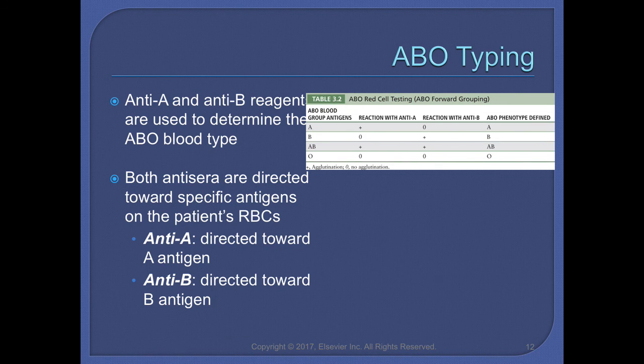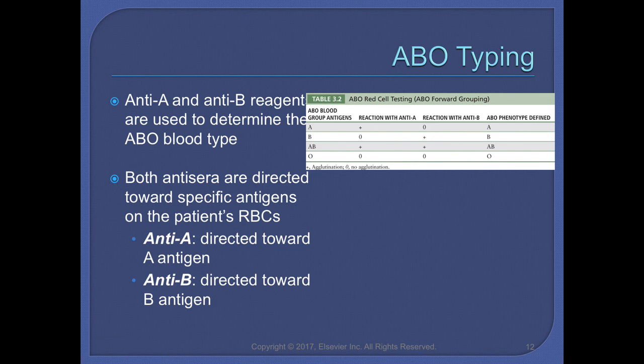So for ABO typing, we use the anti-A and anti-B reagents, and these reagents are used to identify the ABO blood type, right? So both anti-sera, anti-A and anti-B, are directed towards specific antigens on the patient's red blood cells.